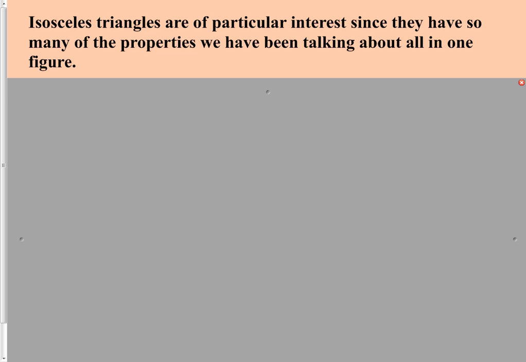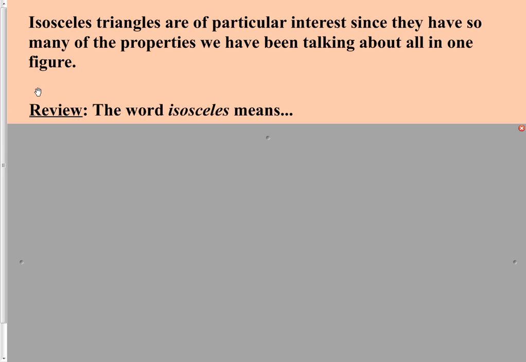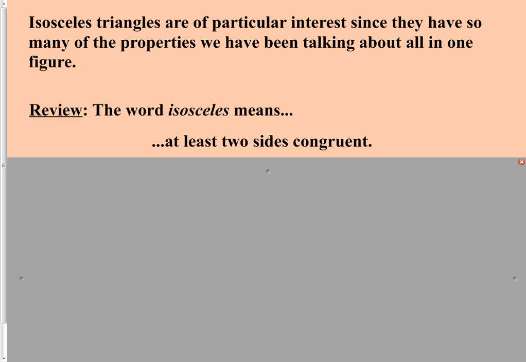Okay, now obviously, as the title suggested, we are focusing on isosceles triangles. Isosceles triangles are of particular interest since they have so many of the properties that we have been talking about, and some that we have not even been talking about yet, all in one figure. We have mentioned the term isosceles before, and the definition we came up with was that it has at least two sides congruent.